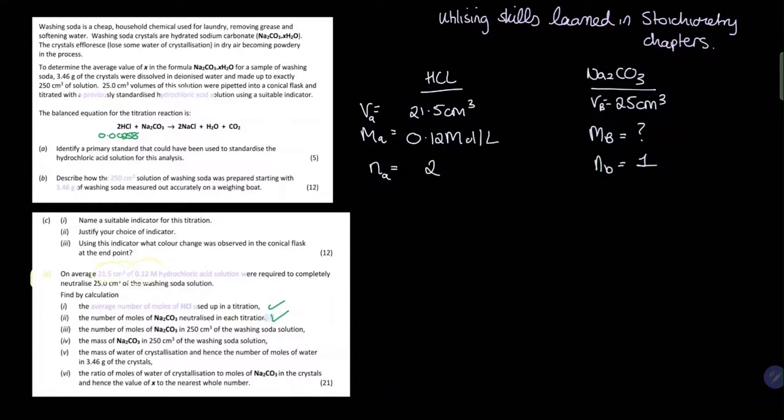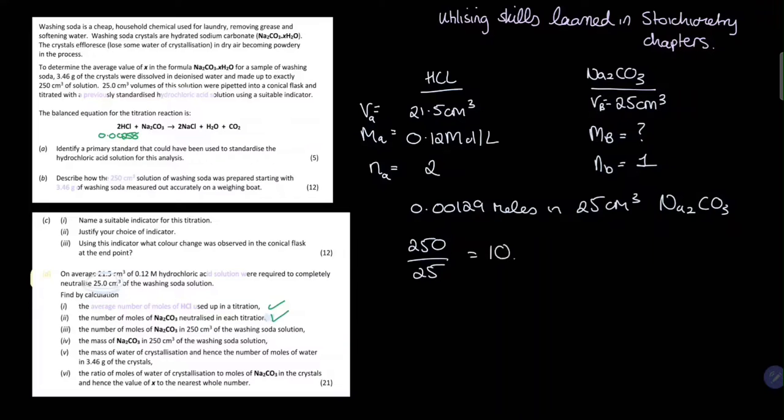The number of moles of sodium carbonate in 250 centimeters cubed of the solution. Well, we just worked out that there was this amount of moles in 25 centimeters cubed, and we're seeing in our question that each time we had a titration, it was using 25 centimeters cubed of the solution. So how many times does 25 go into 250? 10 times.